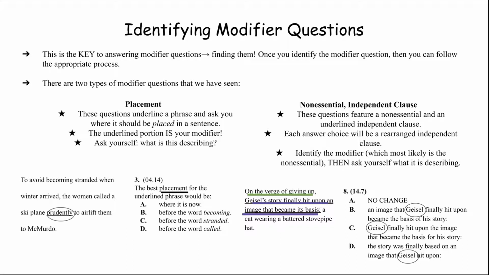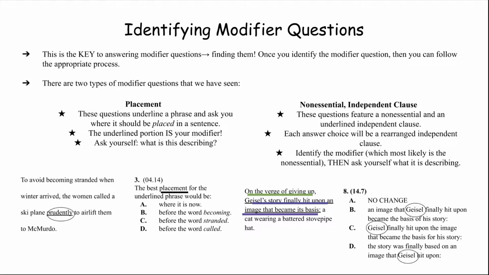The second type is non-essential, comma, independent clause. So this was the second sample question that we just talked about. These are a little bit more tricky to spot because you don't have a blatant placement question, but they do have a few key characteristics that can help. First off, these questions feature a non-essential and an underlined independent clause or portion of an independent clause. Next, each answer choice will be a rearranged independent clause and place a different noun next to the modifier in each answer choice.